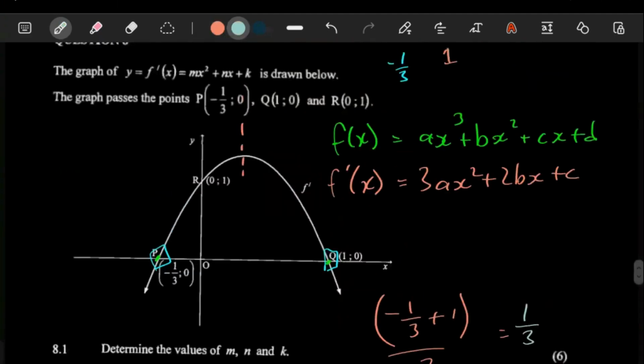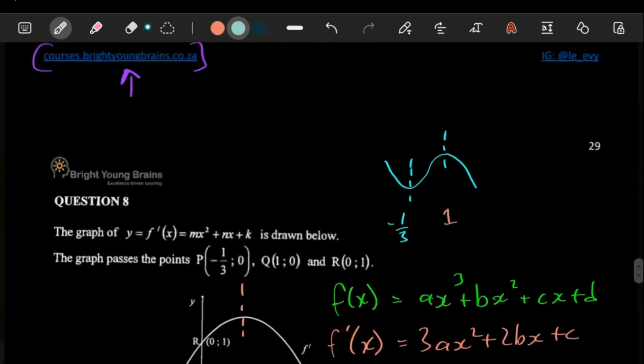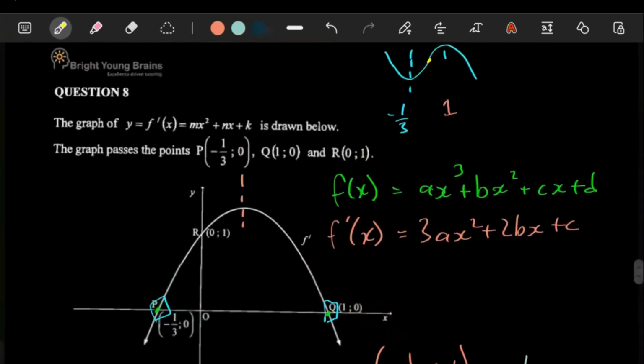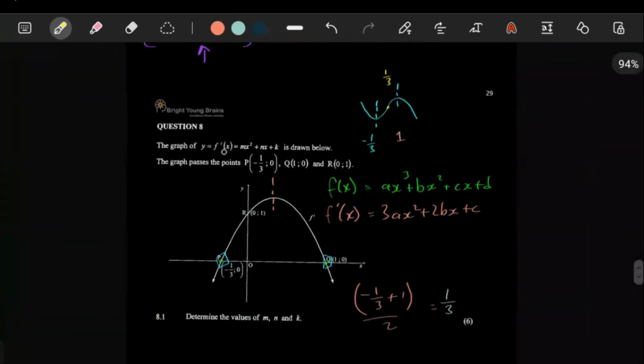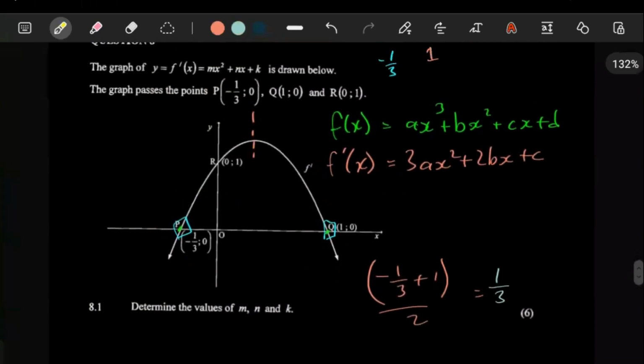So what we know is in the middle of our graph, which is the point of inflection, we have positive a third there. These pieces of information are useful to us in the following way. Firstly, this is your first derivative, right? So your second derivative is what is going to give you the point of inflection.